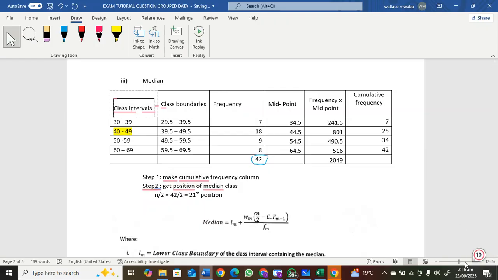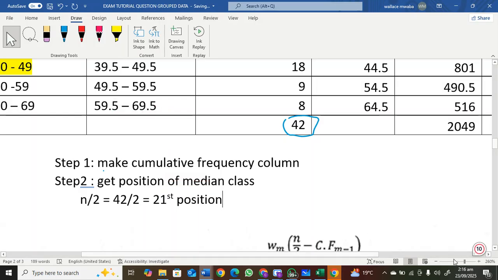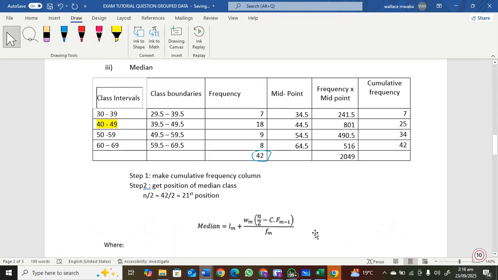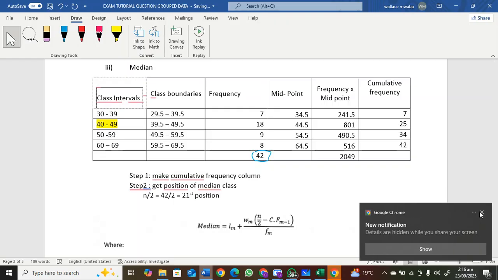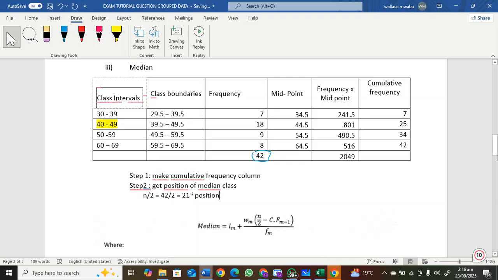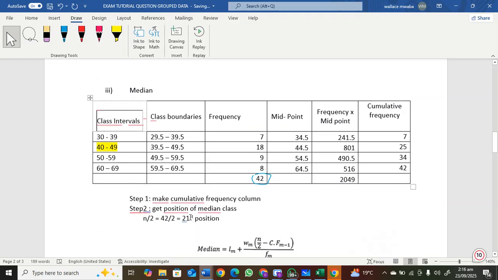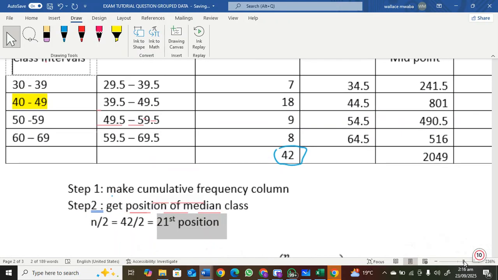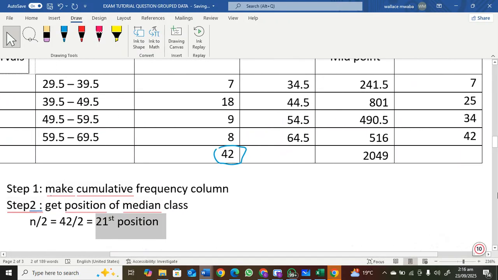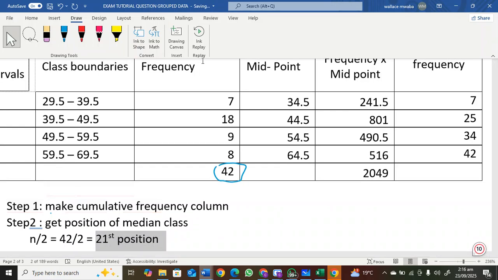Okay. So once we find the position, we refer to our cumulative frequency column. So we ask ourselves, where can we find our 21st position? Think of it like this. From the 0 position to the 7th position, this is for our first class. Our next class is from the 8th position to the 25th position.